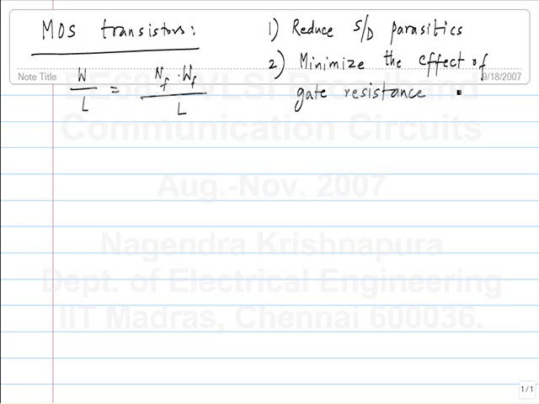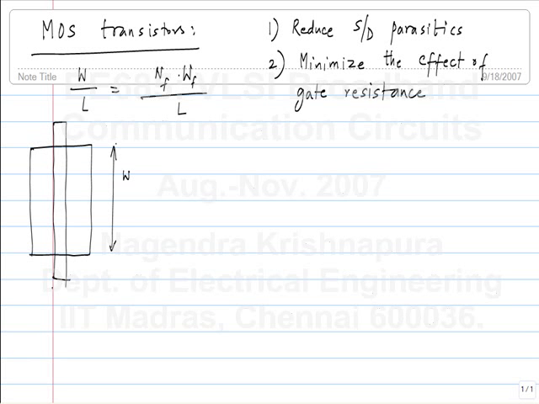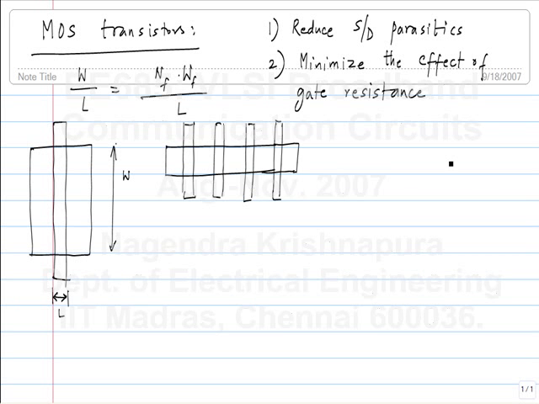How they come about? So let me show an illustration of, let's say I lay it out as a single finger. So this is W and this is L. An alternative to this is 4 fingers of width W by 4. Let's say this was the source and this was the drain, and this part of course is the gate.